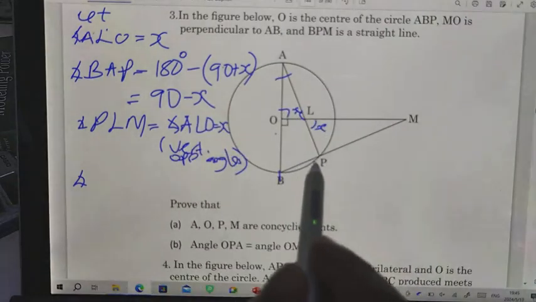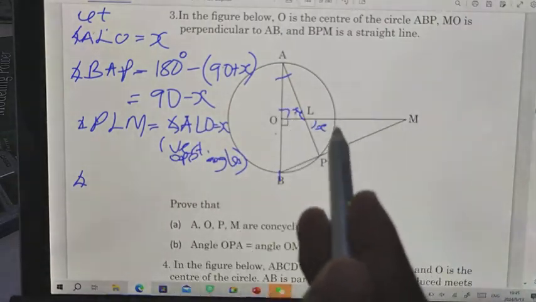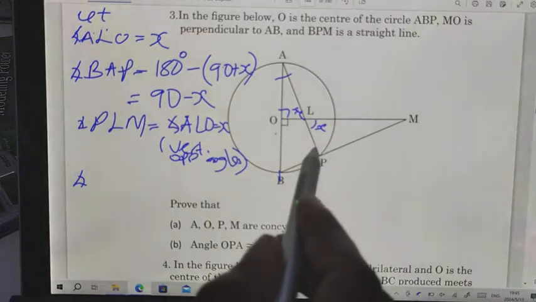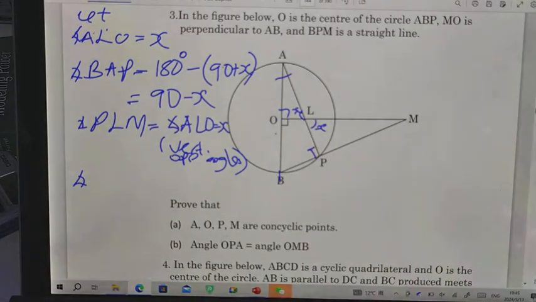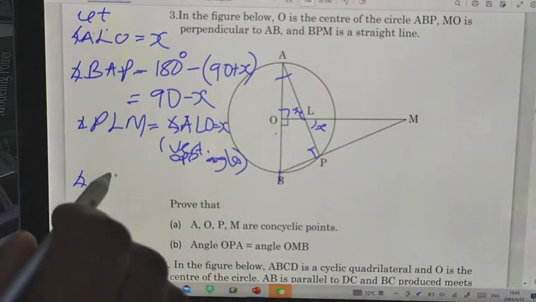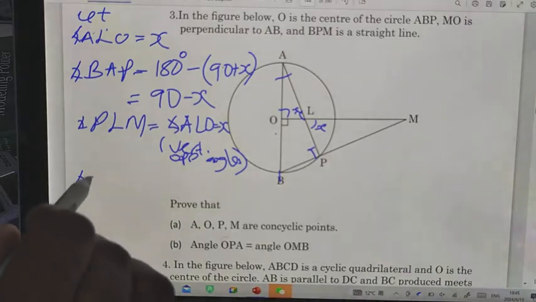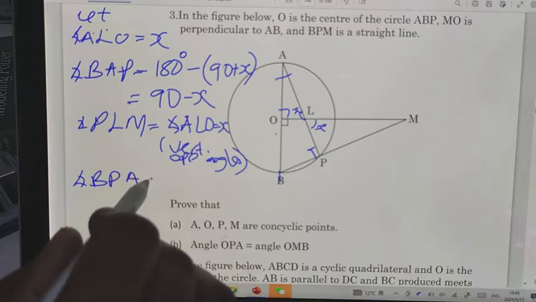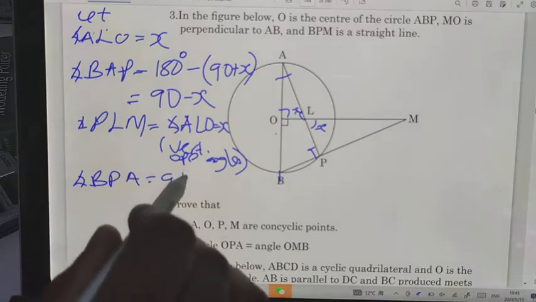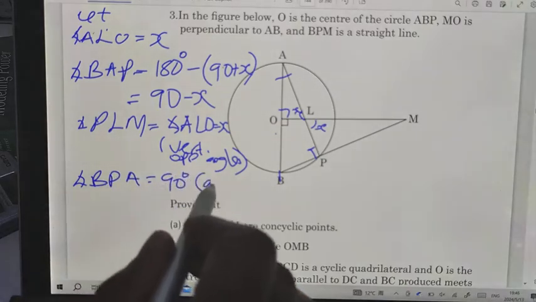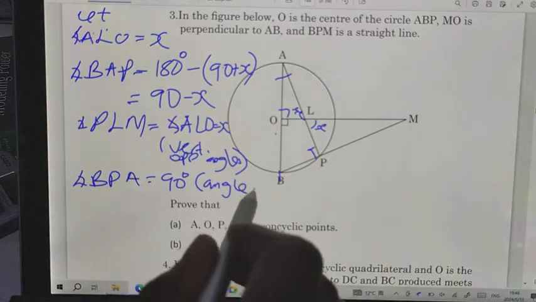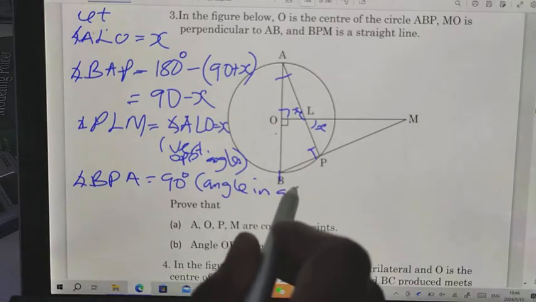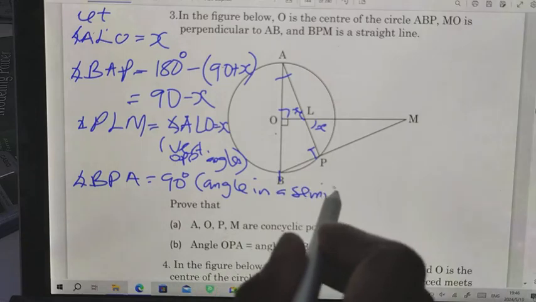And the other thing that you should understand is that this one being the diameter, any angle in a semicircle is 90 degrees. So therefore angle BPA is equal to 90 degrees. Reason: angle in a semicircle.